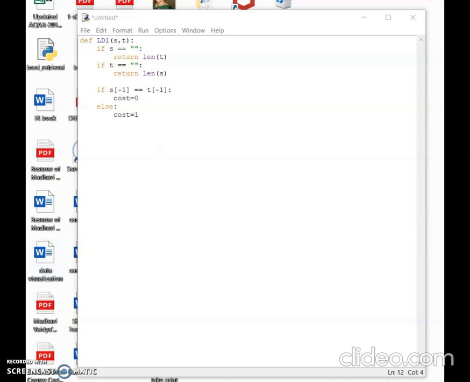So it would be something like we are going to call this function ld1 in such a way that the second last characters of s and t would be taken. Sorry, the second last character of s would be taken. It would be compared with t, and as it starts from 0, we are doing +1 here.